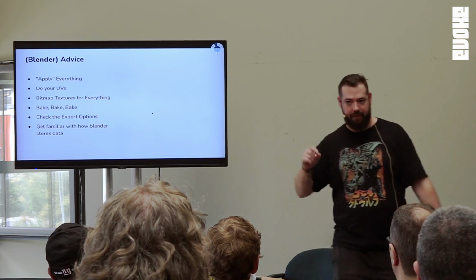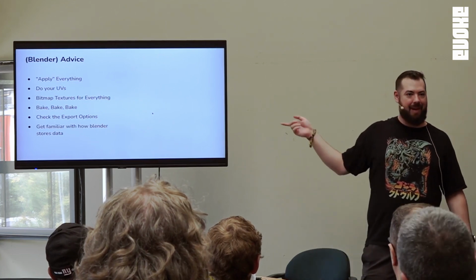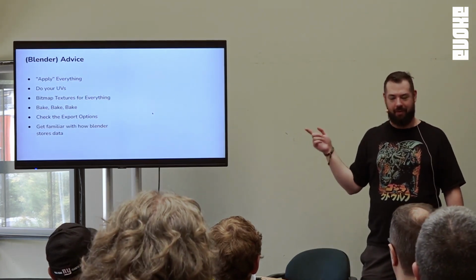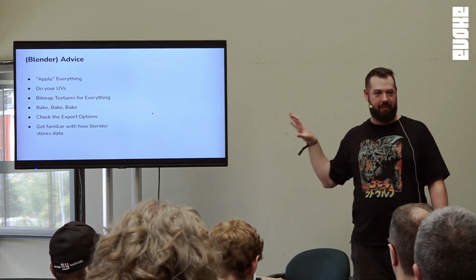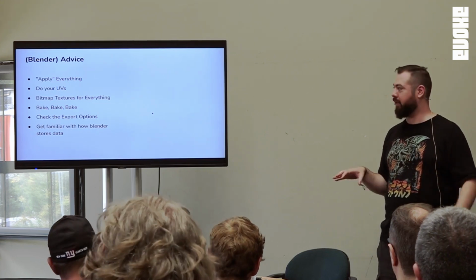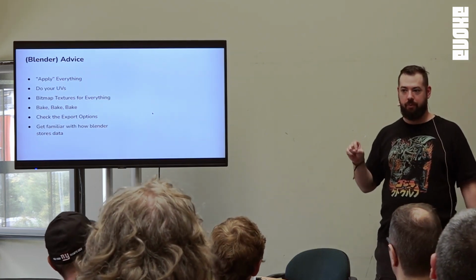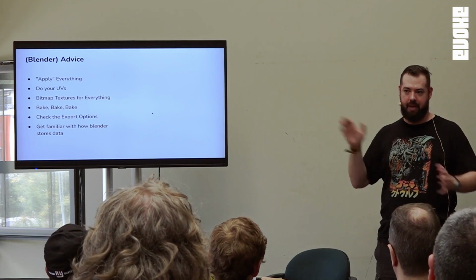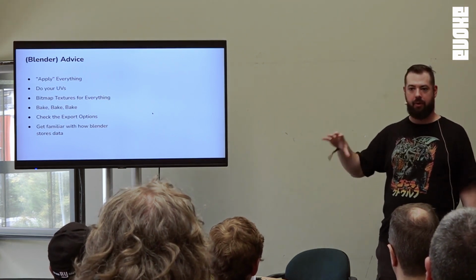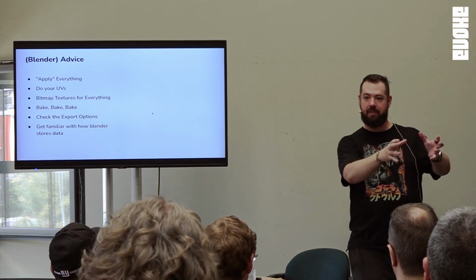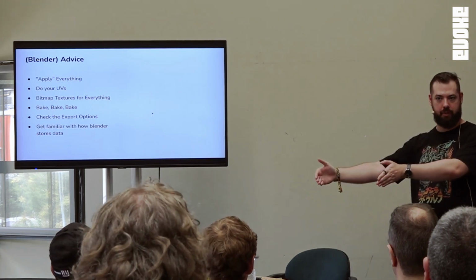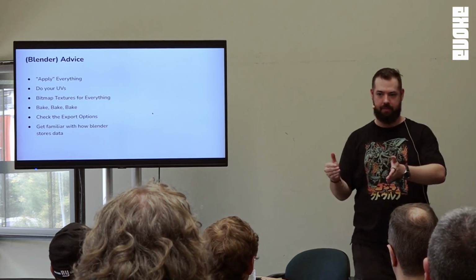Some specific Blender advice, again, this apply everything means press Ctrl-A a lot. That's something just for people really starting out with Blender. When you do, for example, a scaling in Blender, S, and you scale it up, internally in Blender, this will get saved as, this is my size, and now I have a scaling operation applied to it.